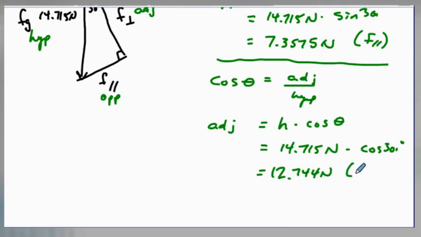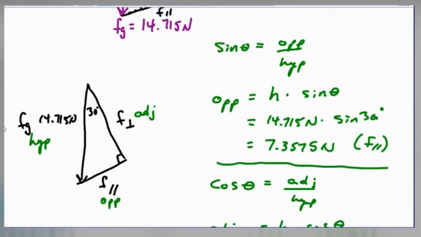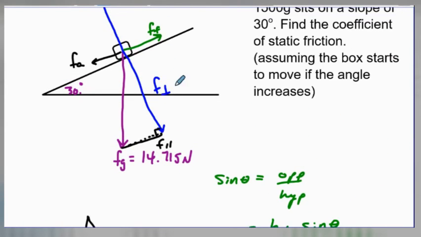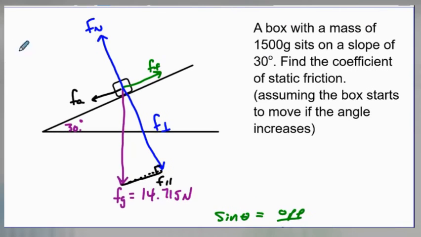That's the adjacent side. Remember, this is our perpendicular. Now, I want to remember that this perpendicular side here is equivalent to our normal force. So our normal force is 12.744 newtons.